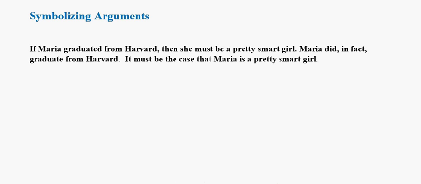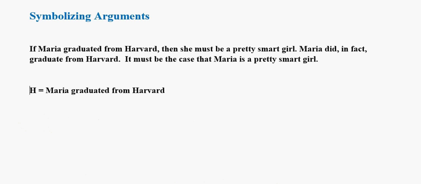So the question here is, what is the antecedent? Well, it's Maria graduated from Harvard, right? So we need to symbolize that antecedent, and we could do so by using H. So here we have the symbolized antecedent as H. So H will represent Maria graduated from Harvard.